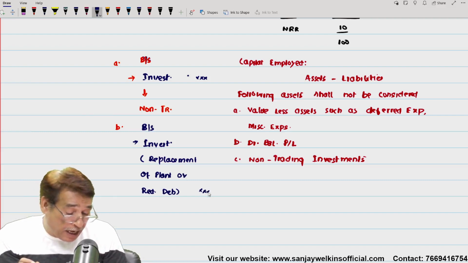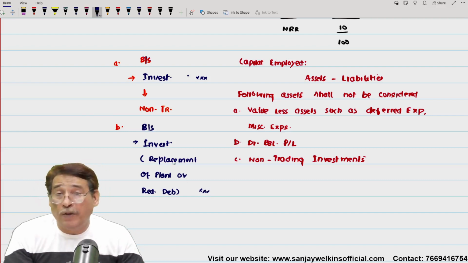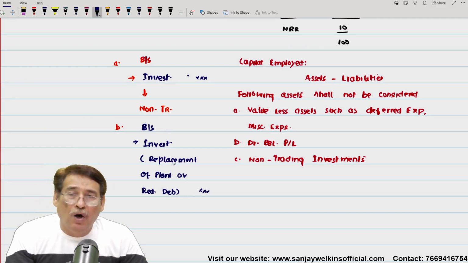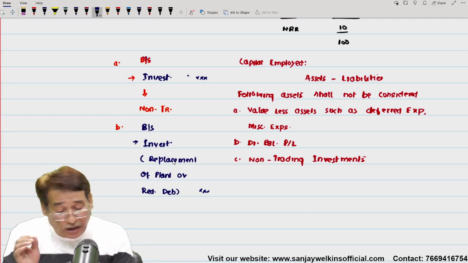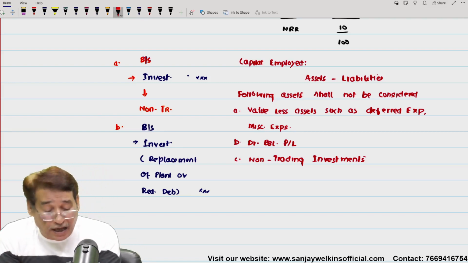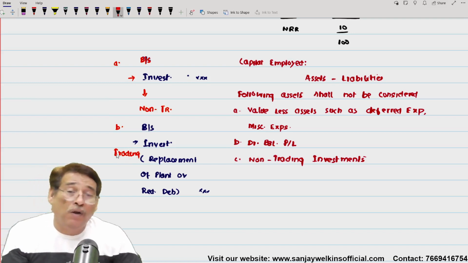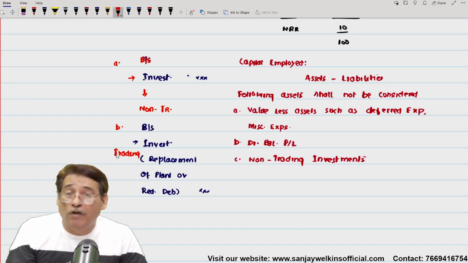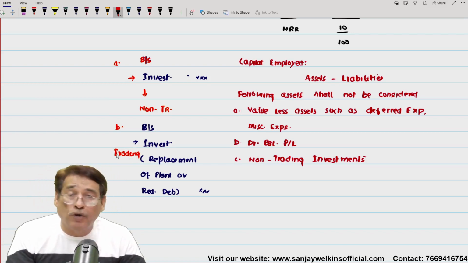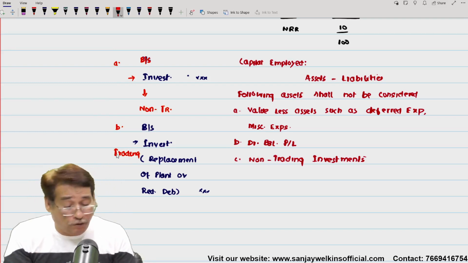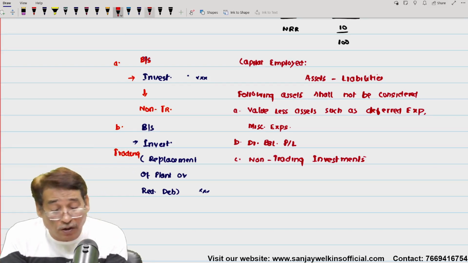If in the brackets it is written replacement of plant or any asset, or redemption of debenture, then you will consider the investment as trading investment. Is it clear to you? So non-trading investment you will never ever consider for computing capital employed for the purpose of goodwill. Is it clear to you or not?